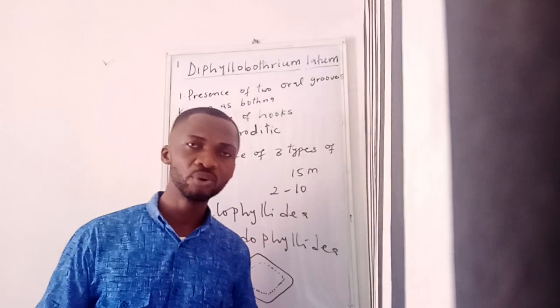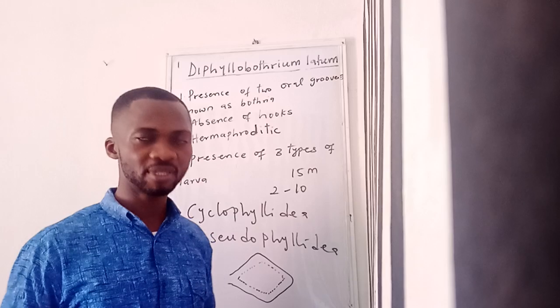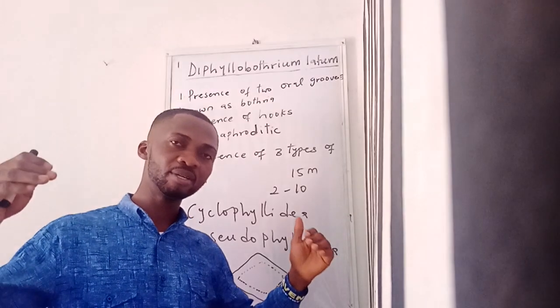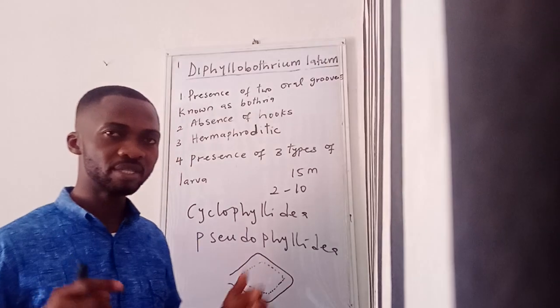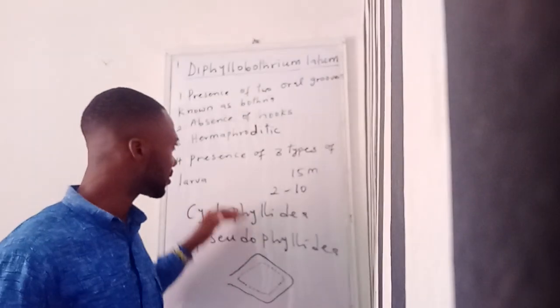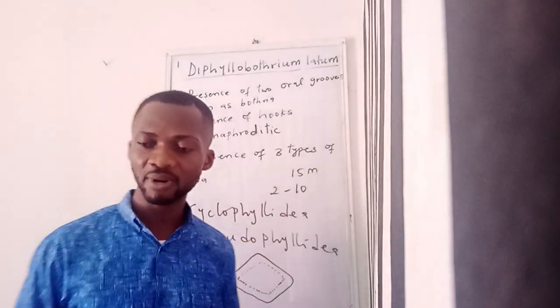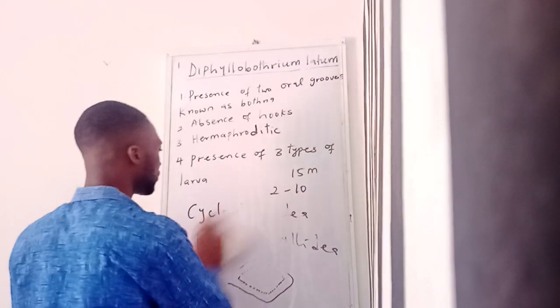As you know already in other tapeworms, this parasite is hermaphroditic. That means that the male and female sex organs are found in a single organism. They also produce three different types of larvae.